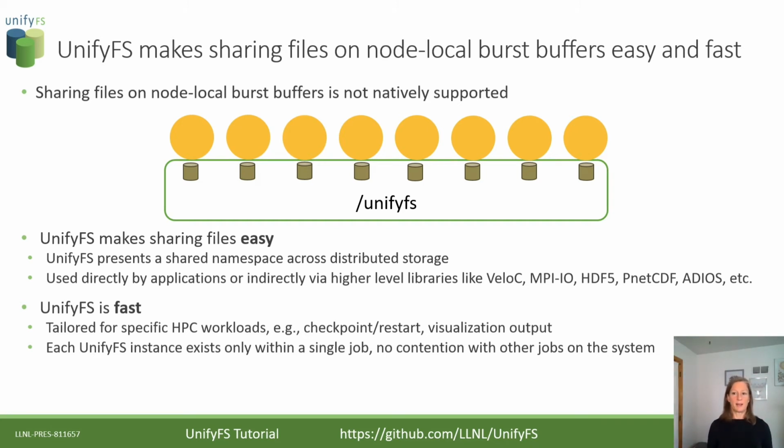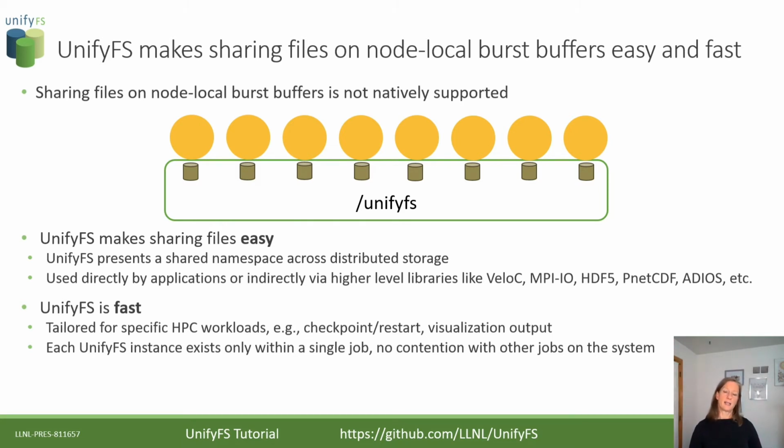And so now you can use this mount point just like you would use any other mount point to a file system in your regular I/O. You can use this directly by your application, or if you're using higher level I/O libraries like HDF5 or MPI-IO, you can use those as well.